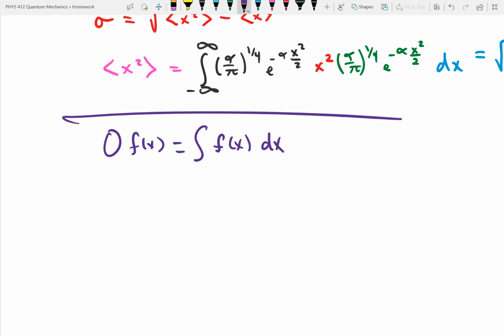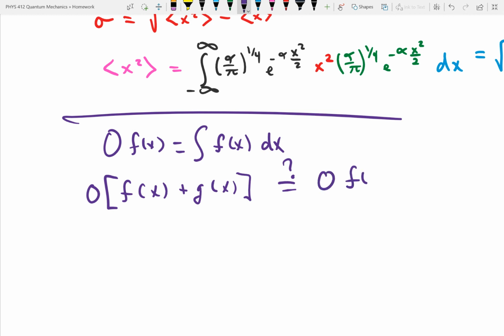If I'm going to test that, remember I have the two tests, one to test the distributive property. So I would say is the operator acting on f of x plus g of x. That would be our first test. You may or may not be quick enough to just say, I know the answer.